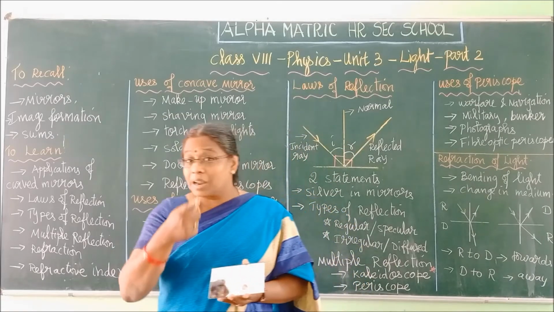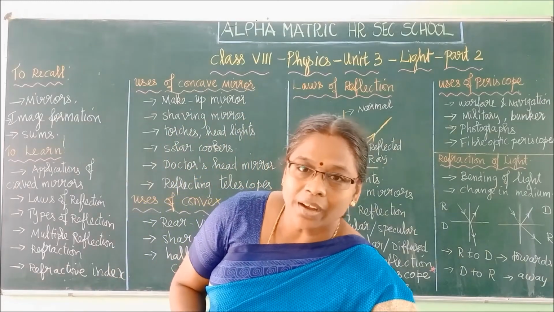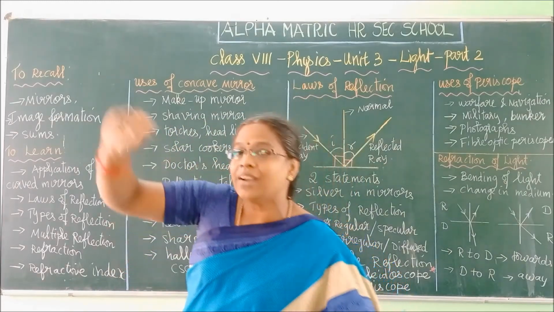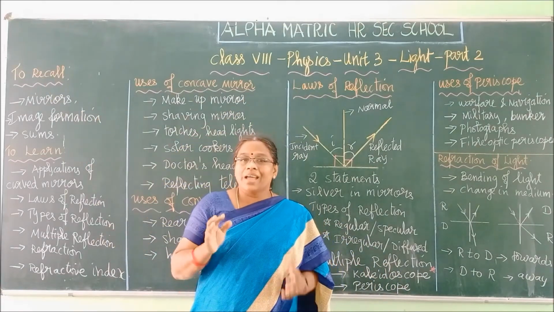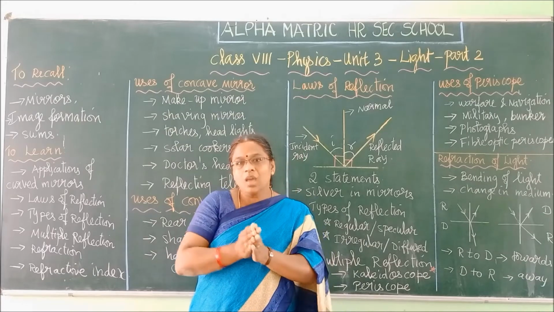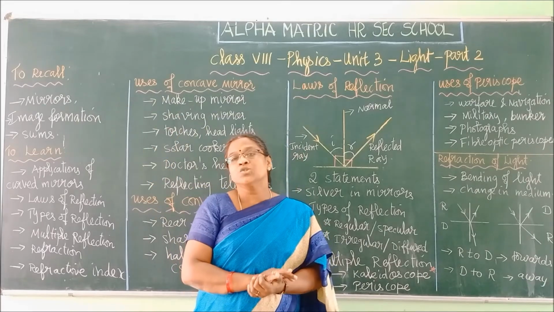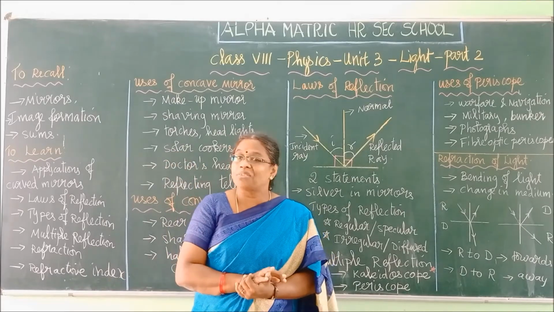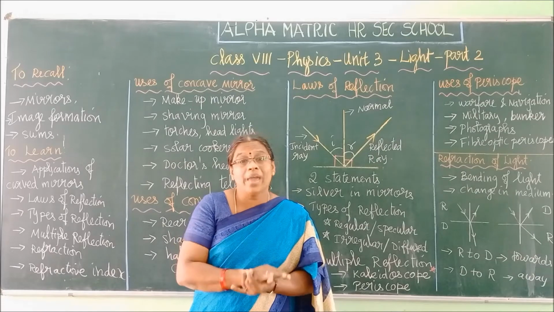The ray diagram is given in your book, you can see it. A light ray will come and get reflected, another light ray will come and get reflected. Like that, every incident ray will have a proper reflected ray, and the angle of incidence will be equal to the angle of reflection. The laws of reflection are obeyed.